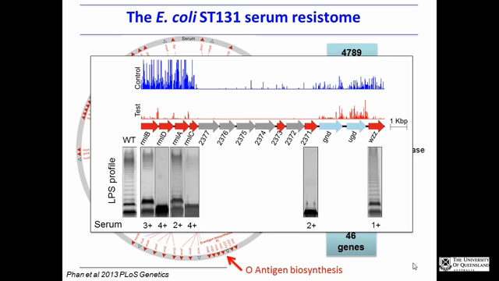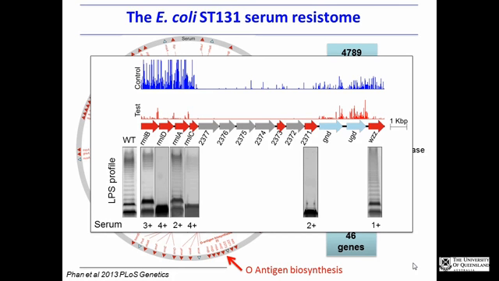If you look at the LPS profiling, so here we're looking at the O-antigen chain based on SDS-PAGE analysis, and you can see based on these profiles that there are differences in O-antigen in each of these mutants. And this grading here refers to a serum sensitivity scale. So the higher the number, the more sensitive the mutant is to killing in human serum.